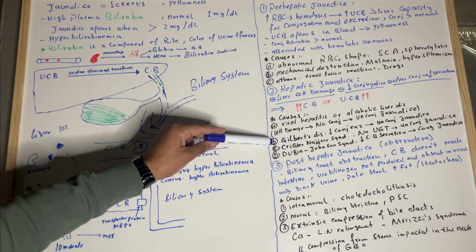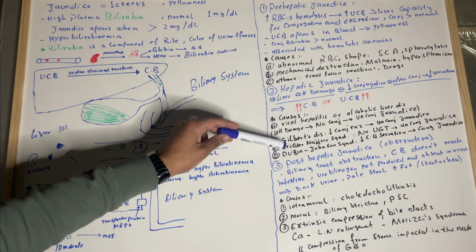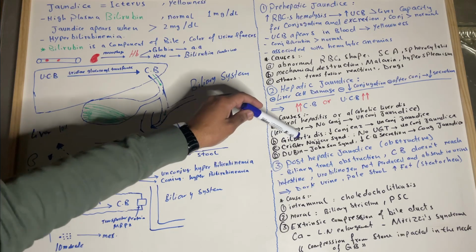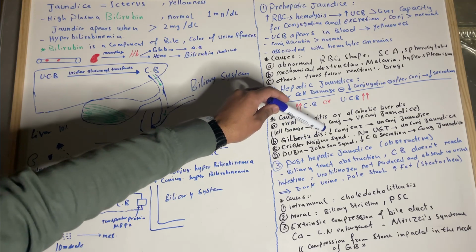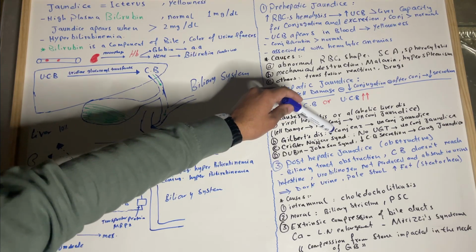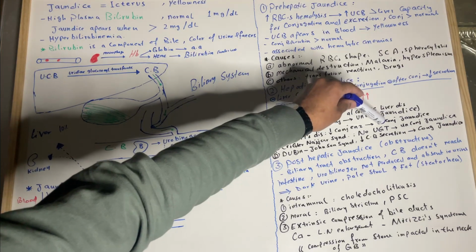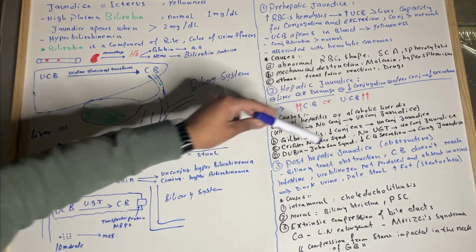The second cause of hepatic jaundice, we also have a disease called Gilbert's disease. In this disease or syndrome, there is a decrease in the activity of the conjugating enzyme, which leads to unconjugated hyperbilirubinemia or unconjugated jaundice.